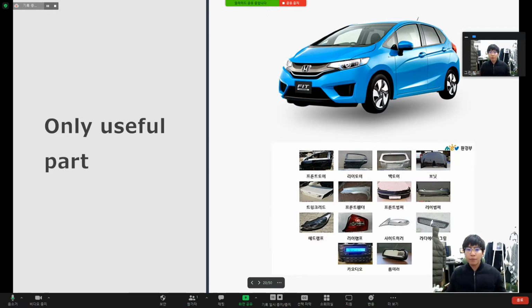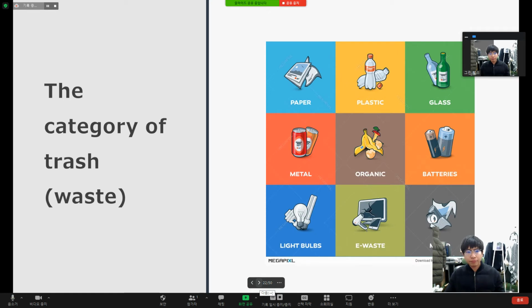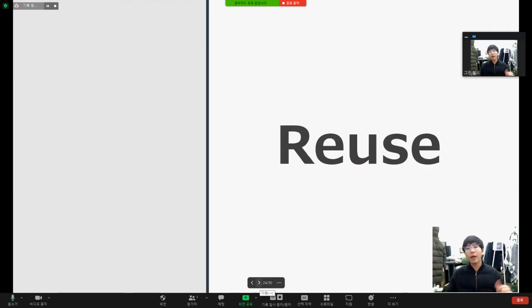Only the useful parts from this mobile car. So what if you just throw it away? But there is no such category of trash, right? And you may just get frustrated, as you have no idea.